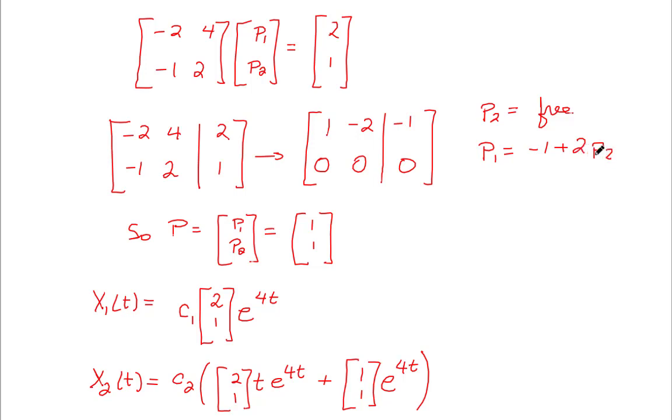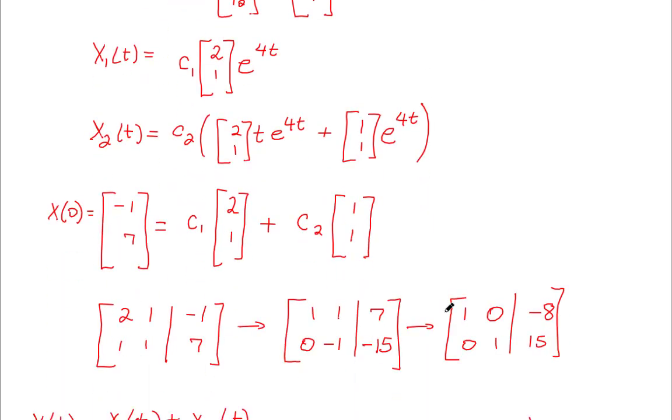So to make life easy, I just pick P2 to be 1, and if P2 is 1, I get 2 minus 1 is 1. So my P vector is (1, 1). So putting that together, x1 from my first solution looks like this. My second one has our K t e to the 4t and P times e to the 4t.